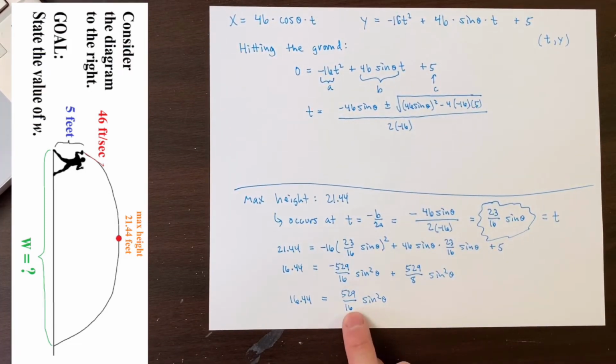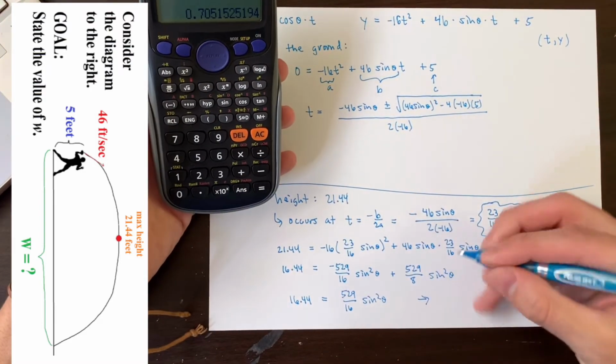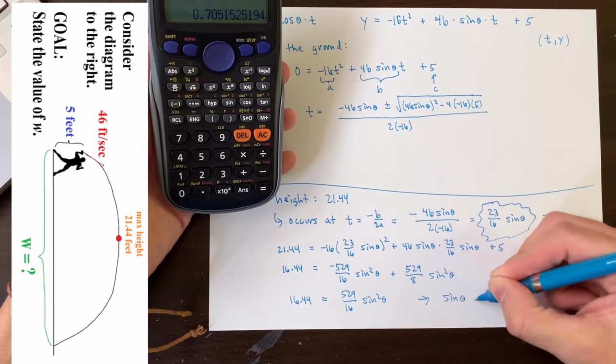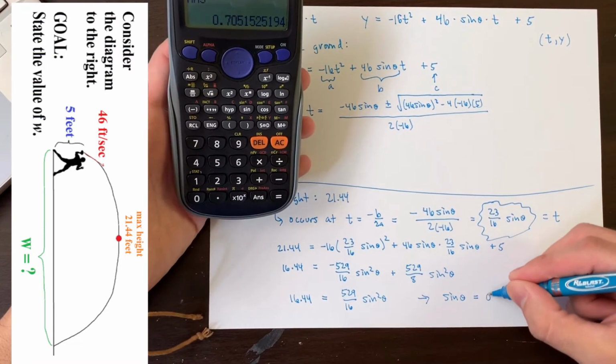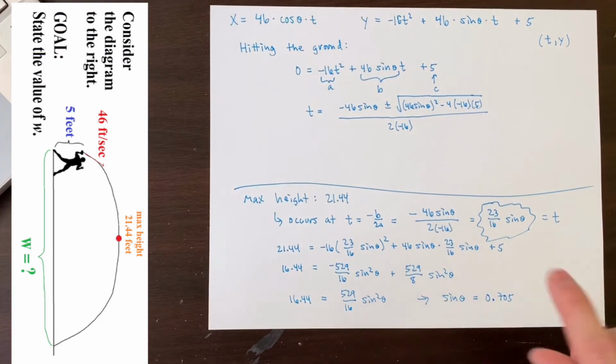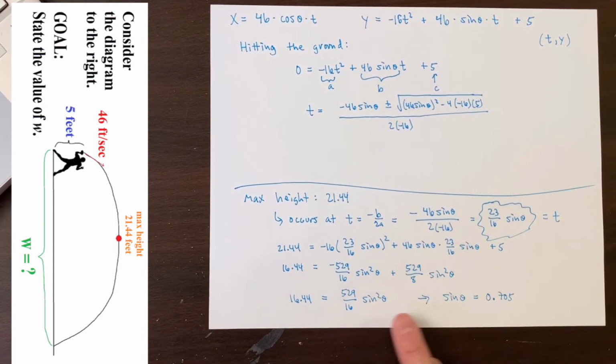And now I'll multiply by the reciprocal, and then I will square root. And this leads me to discover that sine of theta equals 0.705. So from all of this, I discovered the fact that sine of theta equals this.